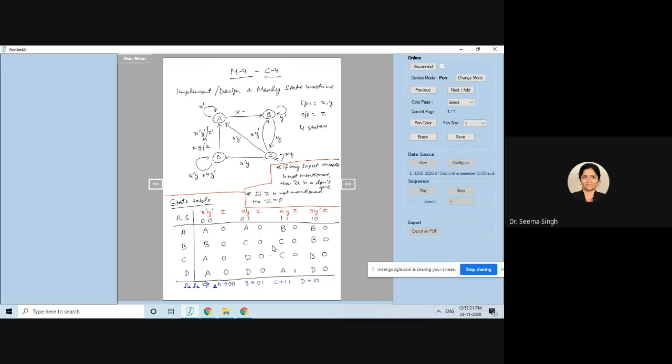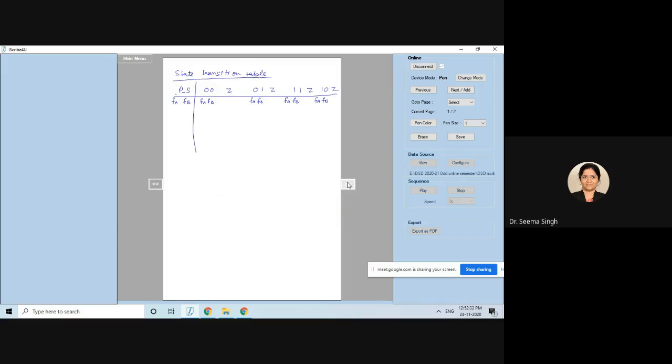So that will be written here. The same thing: this A will be written as 0 0. Wherever A is there, you are supposed to write 0 0. So A was 0 0, B was 0 1, C was 1 1, and D was 1 0, right?